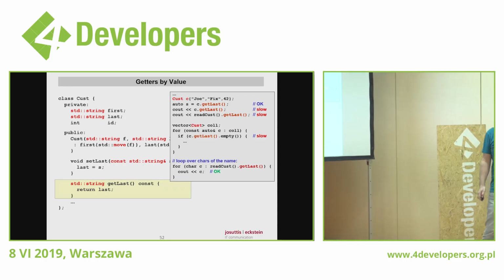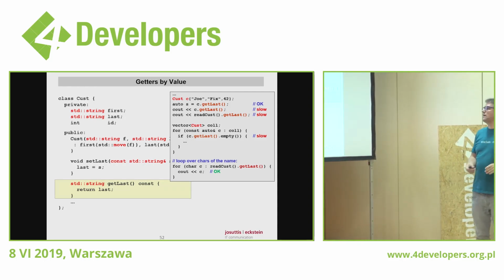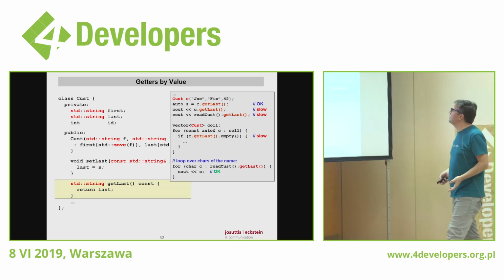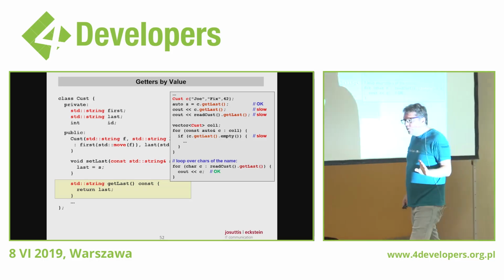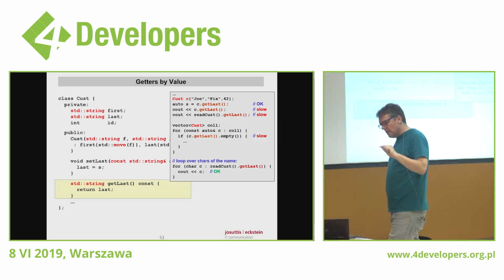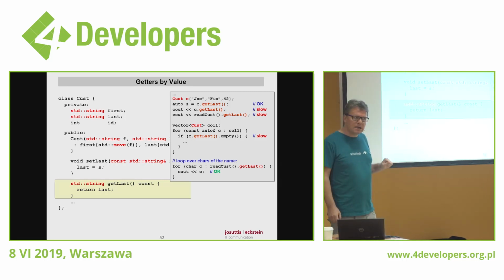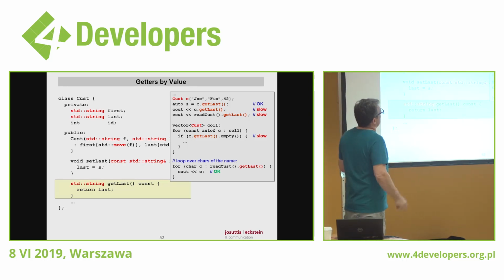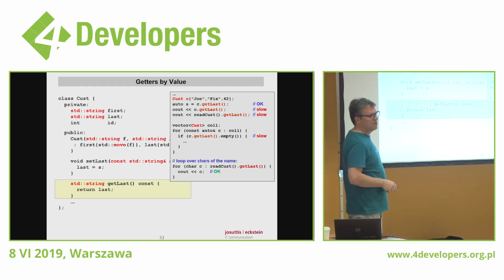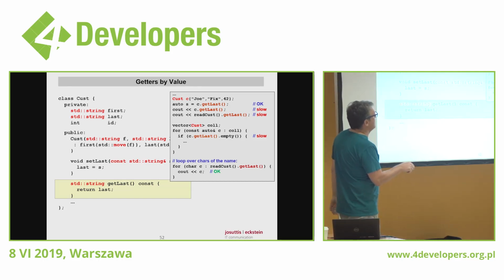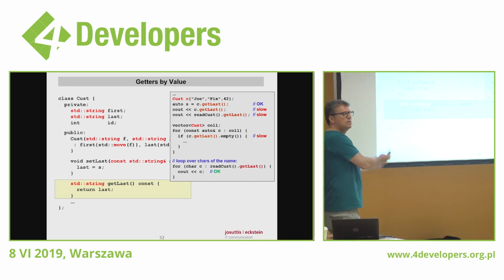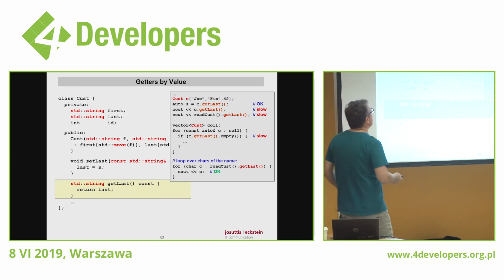Maybe it's better to return by value, because then all the critical, fatal runtime problems are gone. This loop works because we create a copy of the last name, and then the customer can die. We still have the copy of the last name of this temporary customer. But now we get slow. How can we deal with that?